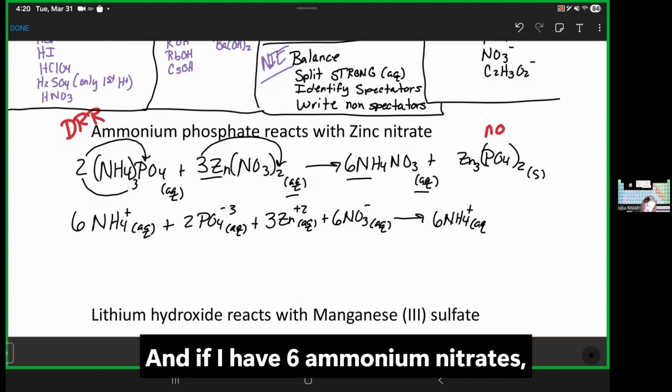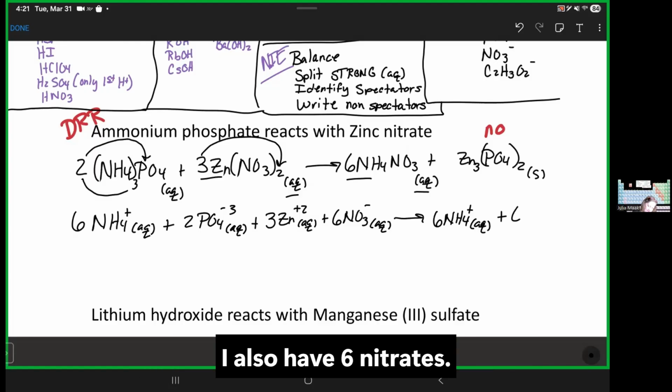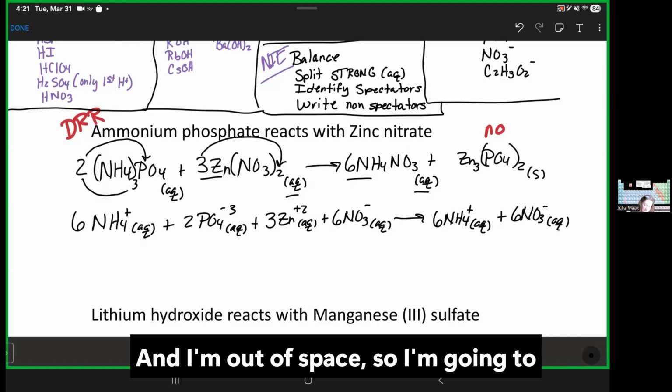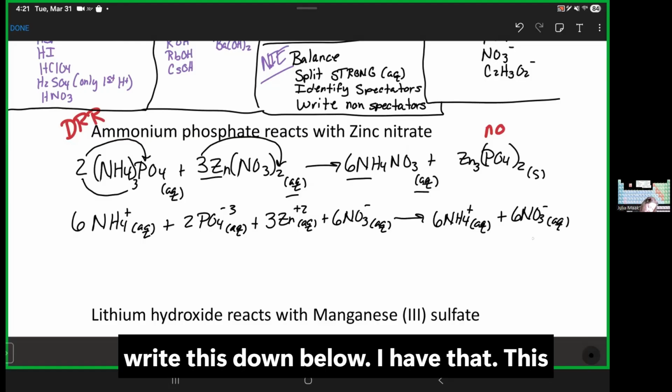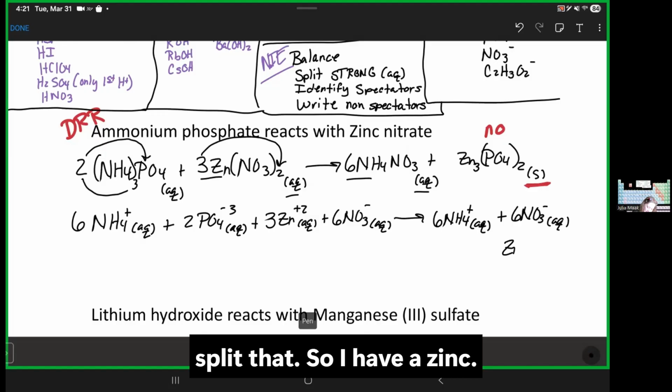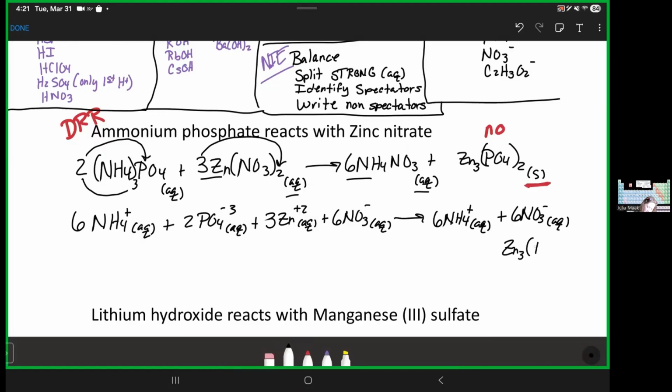And if I have 6 ammonium nitrates, I also have 6 nitrates. And I'm out of space, so I'm going to write this down below. I have that this is a solid, so we are not going to split that. So I have a zinc phosphate.